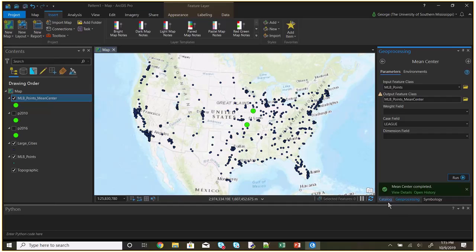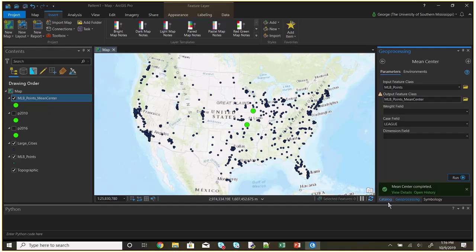If they're weighted, I'm counting points as whatever the weight value is, as that many points. Oh, okay. So with population, I'm counting the bigger cities more than I'm counting the little cities. Okay. And so the point will move closer to a bigger city than it will move closer to a smaller city.